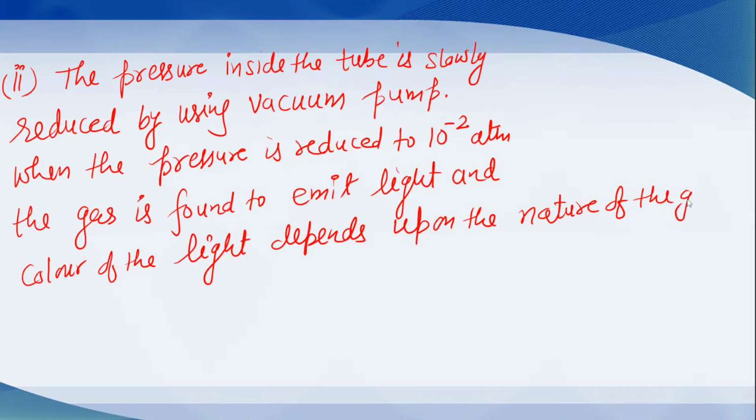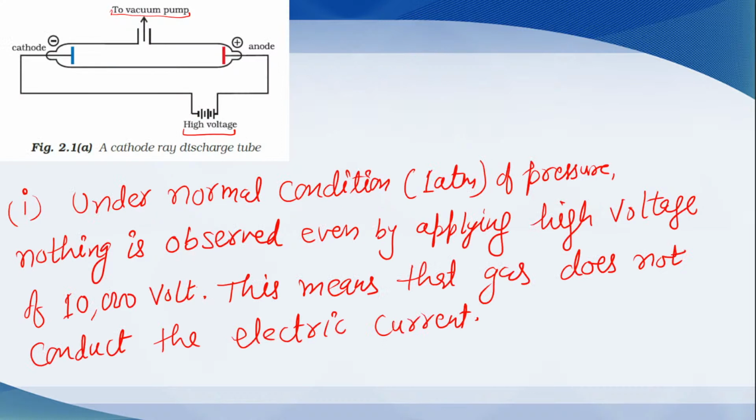Different gases emit different colors of light. So in the first case, when pressure was normal, even on applying high voltage, nothing was observed, meaning gases do not conduct electric current under normal pressure.